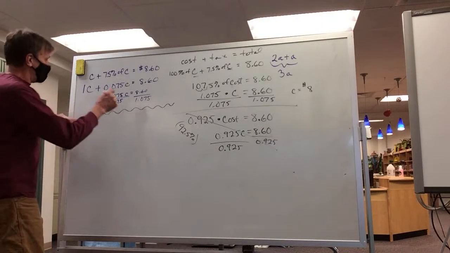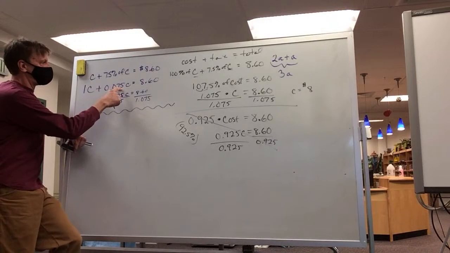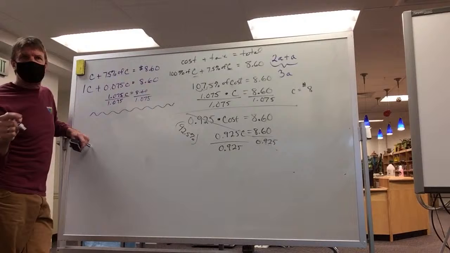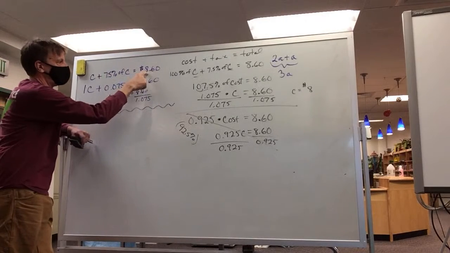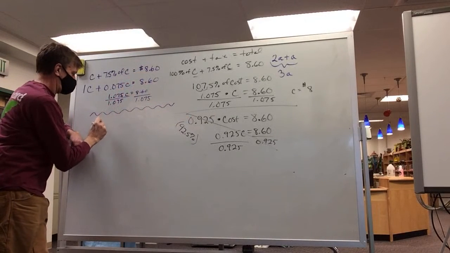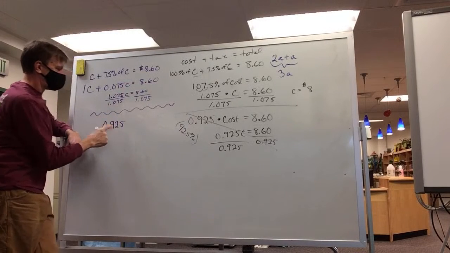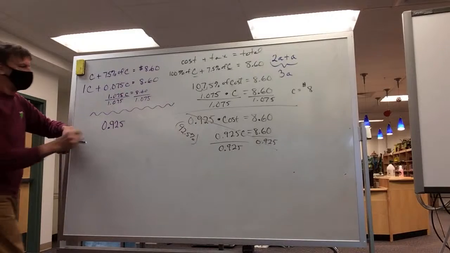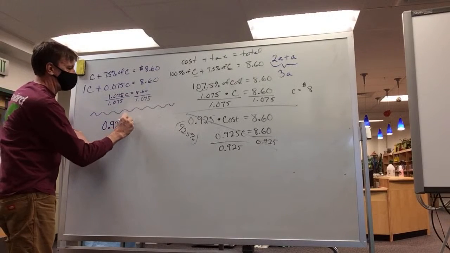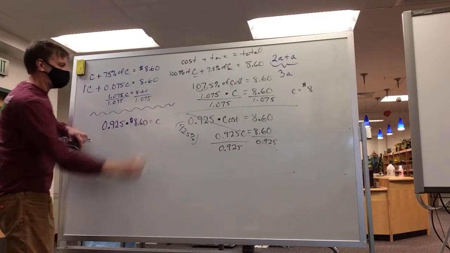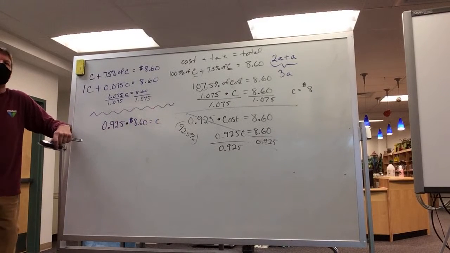Somebody might be thinking, well, if this price has 7.5% tax, then 92.5%, which is 0.925, of that $8.60 is the original cost. Can we do that?